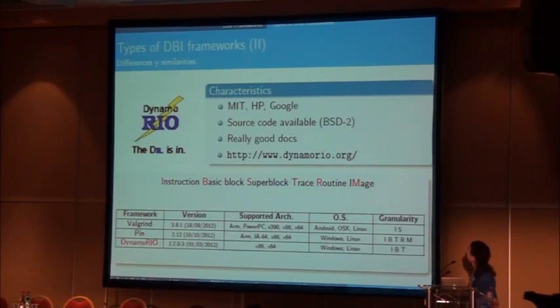Finally, DynamoRIO, which is being developed by MIT and HP, and I think that recently it has been bought by Google, or is collaborating somehow. The source code is also available under the BSD2 license, and it has really good documentation. However, it doesn't use all the granularities.